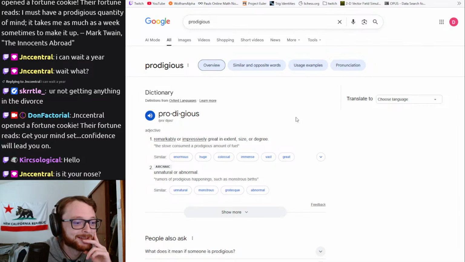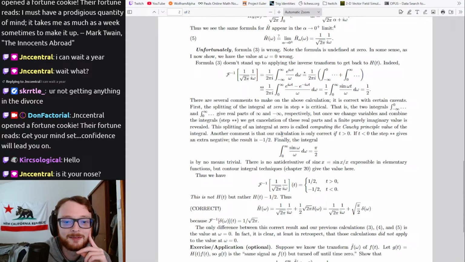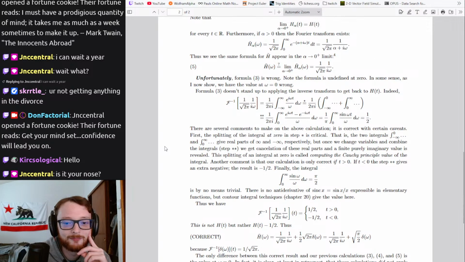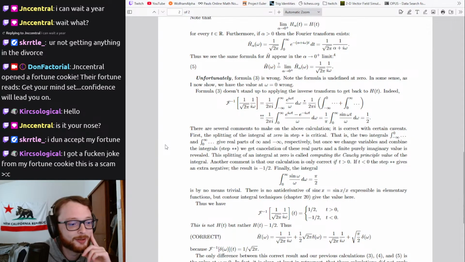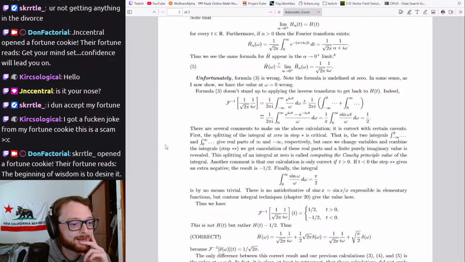I can wait a year. Get your mind set. Confidence will lead you on. Is confidence being a tease if you're being led on? Is it my nose? Maybe. Got a fucking joke for my fortune cookie. This is a scam.